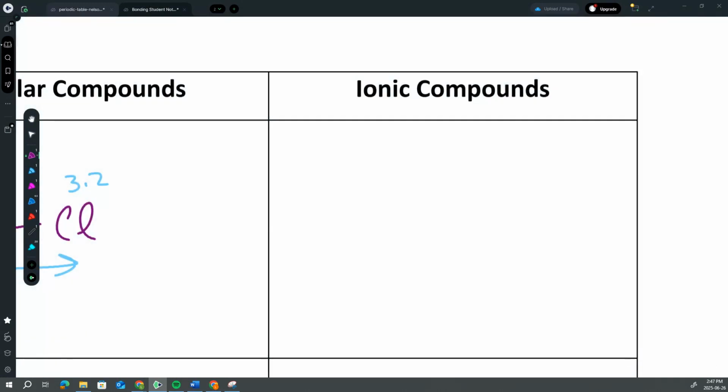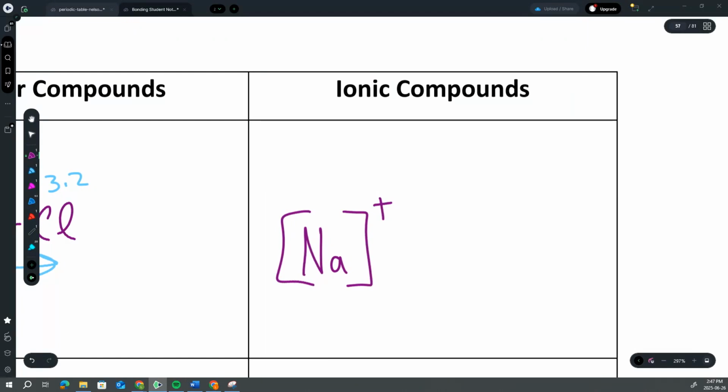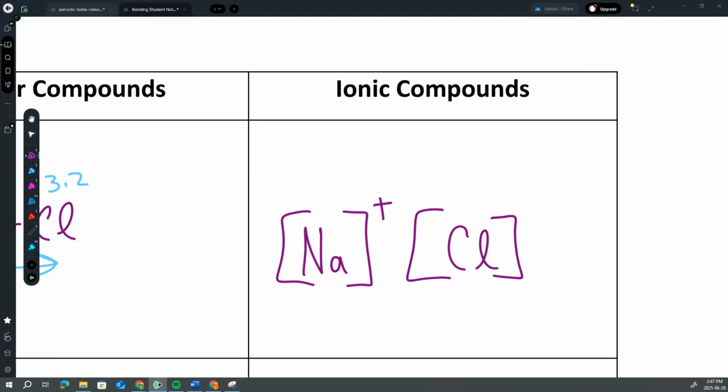So that means that sodium gives up 1 electron to chlorine. That's what causes sodium to become positive. Okay, because it's giving up its electron, it's giving up something that has a negative charge, and then chlorine has a 1- charge.